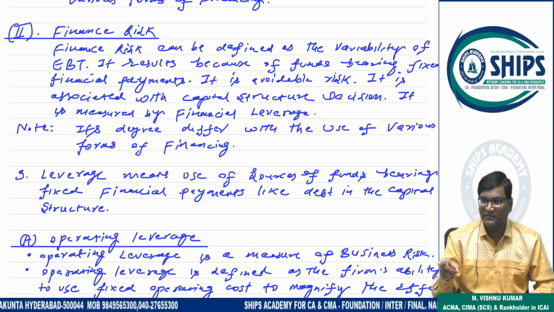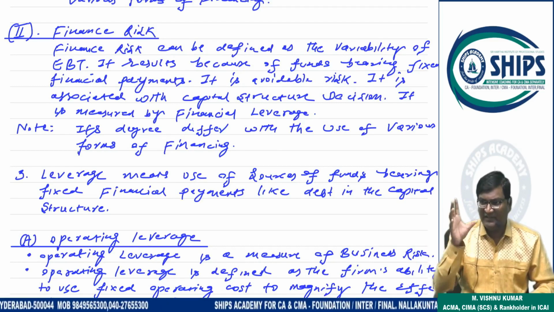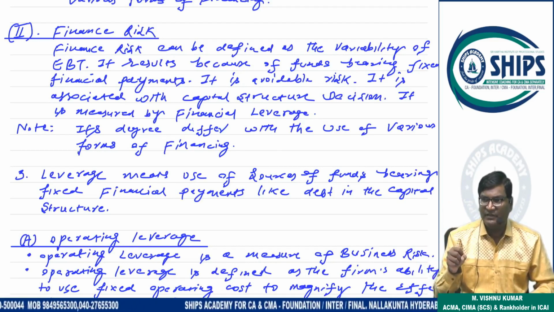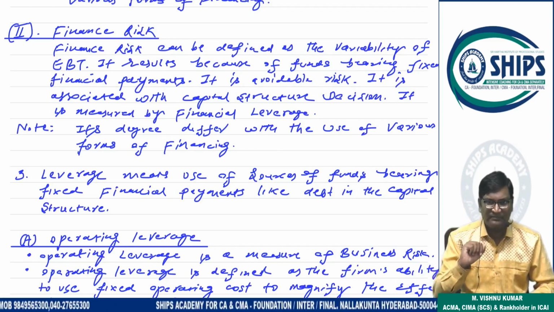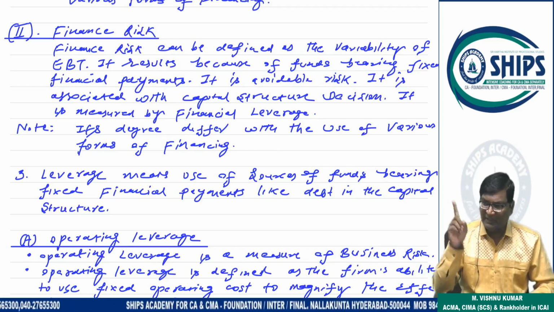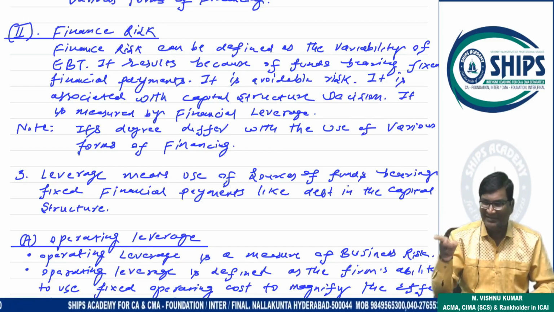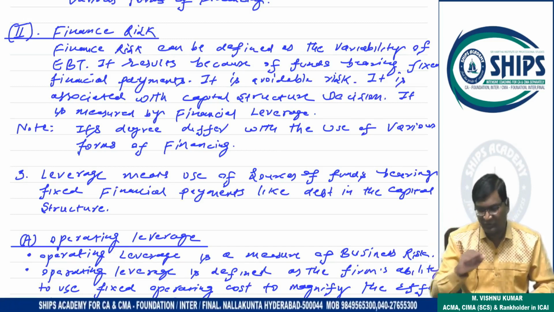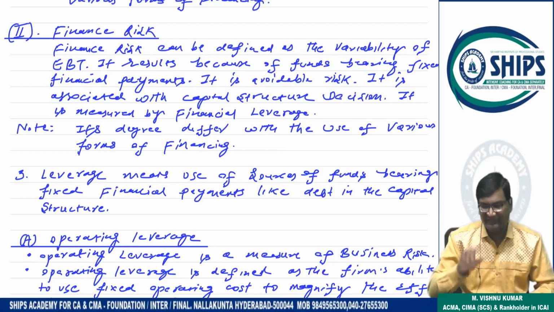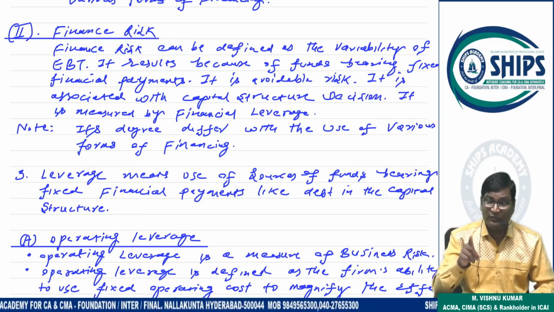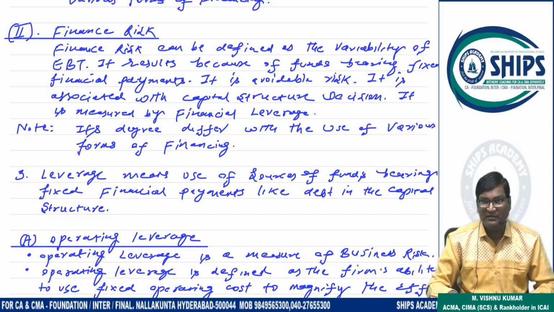But for debenture holders, suppose you raise funds through debentures, you compulsorily have to pay interest. Compulsorily you have to pay the principal amount also. If you do not pay interest or the principal amount, there is a violation of the Companies Act also, Sections 72 and 73. Clear?